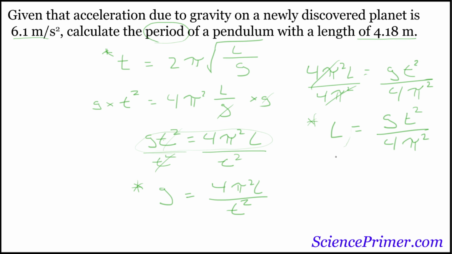So if you're asked to find length, or asked to find gravity given length and time, or again asked to find the period given the length and gravity. This problem set doesn't require you to memorize these formulas, although I would recommend it's a good idea to be able to manipulate this. Given this form of the equation, it would be very useful to be able to solve for either gravity or length.